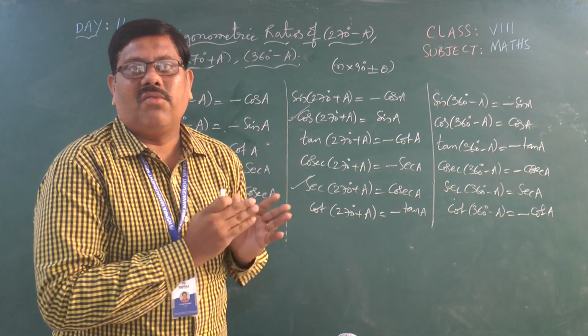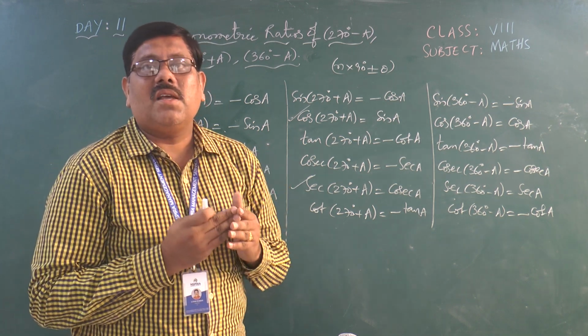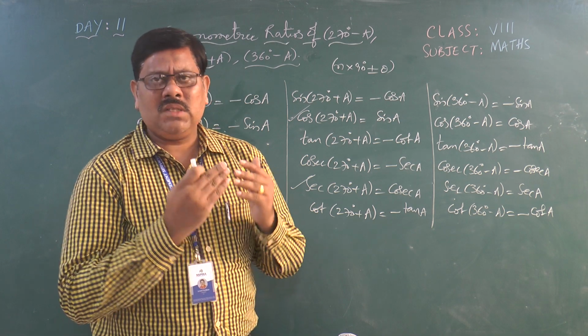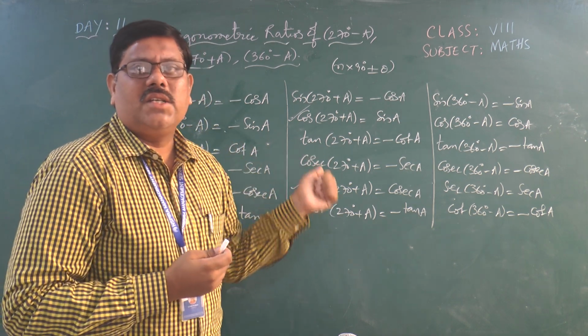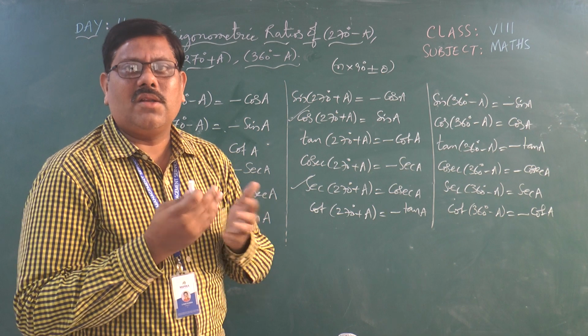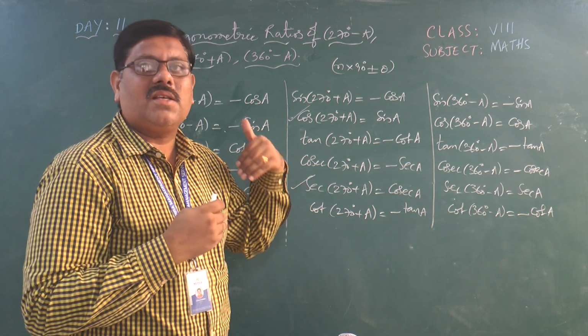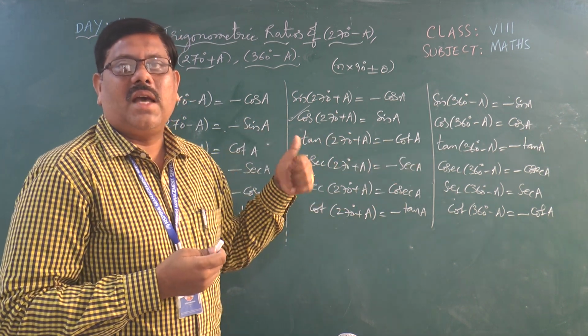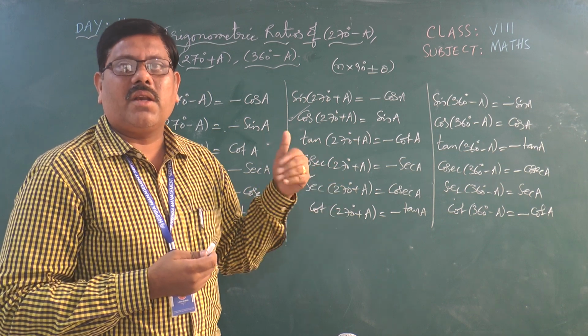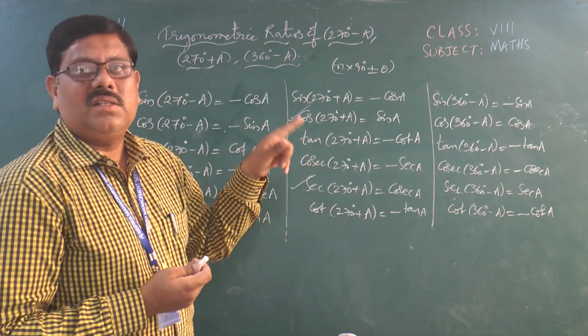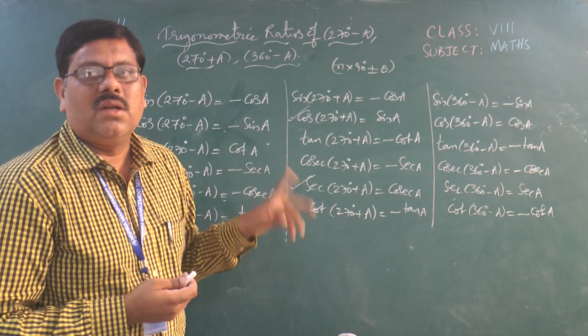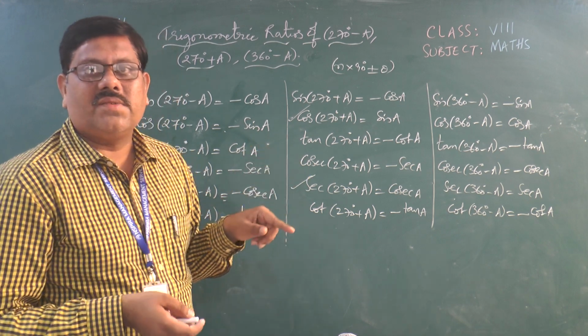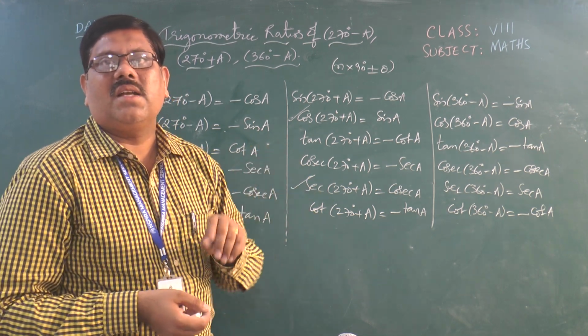Now the third one, if you take 360 degrees minus a, it is an angle in quadrant 4 again, and 360 is an even multiple of 90. So what do you mean by that? There is no change. Sine is written as sine again, cos as cos, tan as tan, cot as cot. The same trigonometric ratio remains. Only the changes in signs are observed. Here in quadrant 4, as we have discussed earlier, cos and secant are positive.